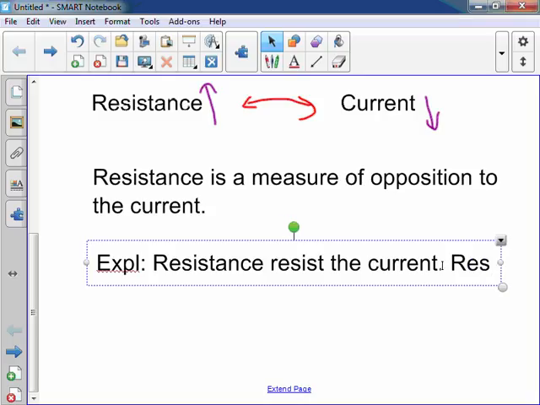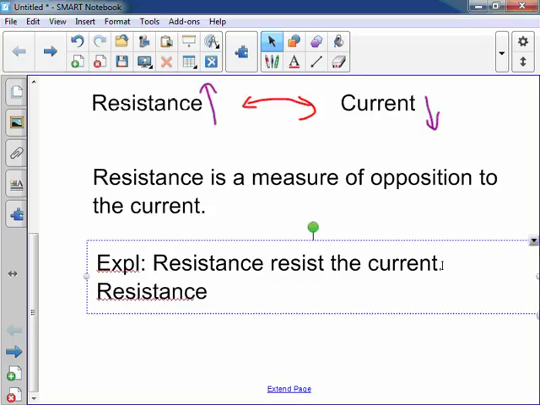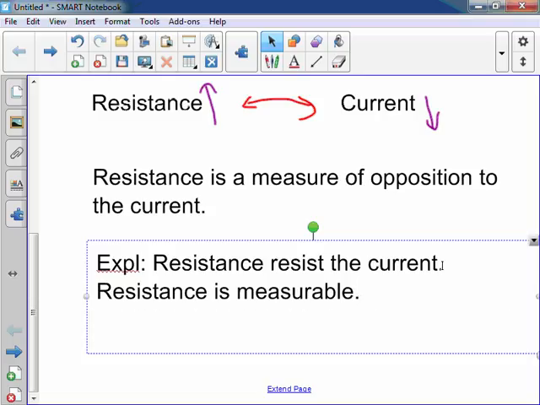So, well, if it's measurable, then we have to have units. And units for resistance are ohms.